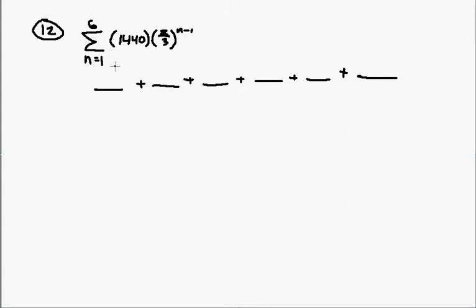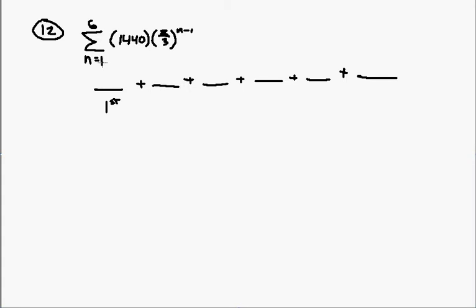Each term is going to be generated by inputting the value of n into the expression. So this n actually does two things. It is also the location of the number in the series. So if I let n equal 1, this is the first term.